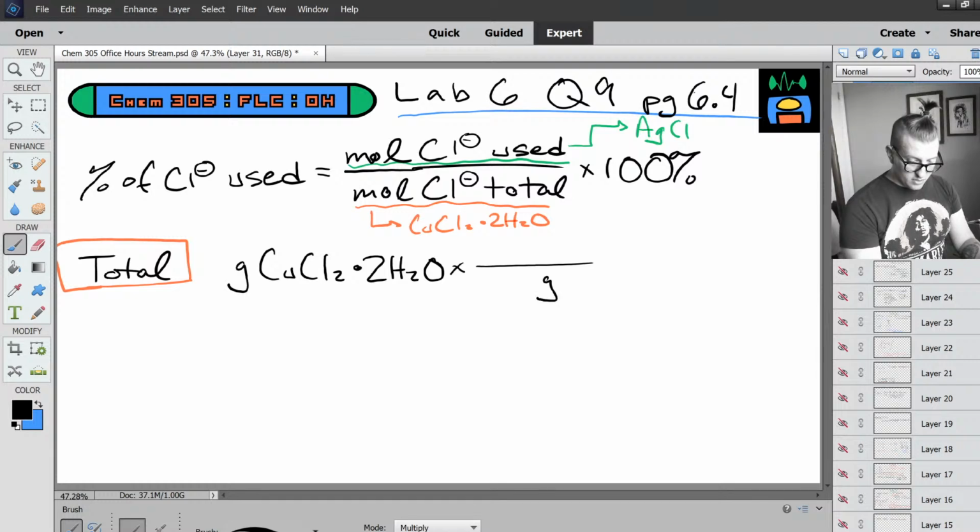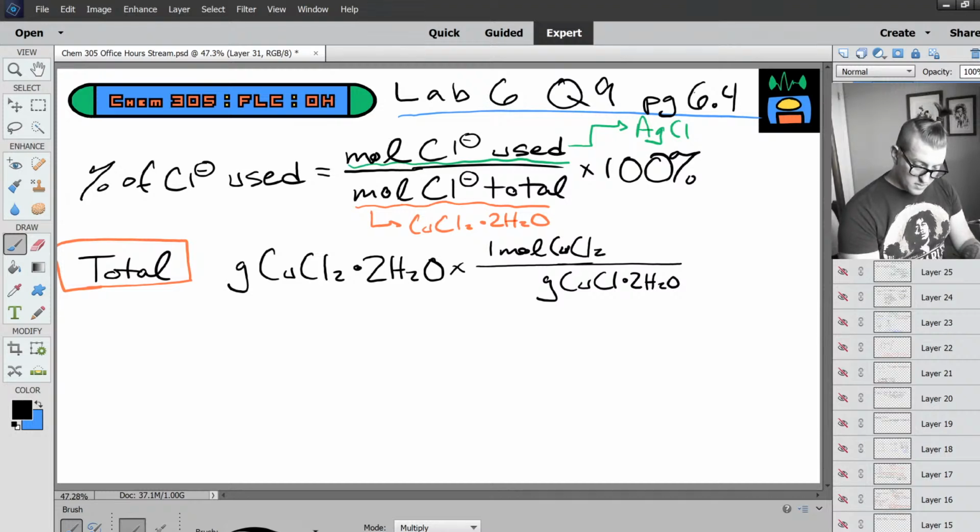Right, you put your molecular mass in the denominator, and 1 mole in the numerator.